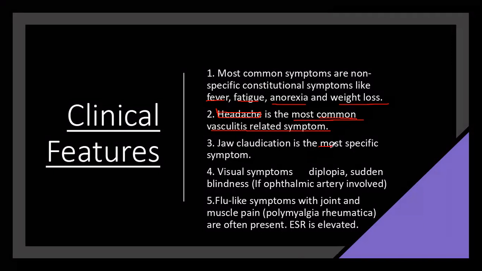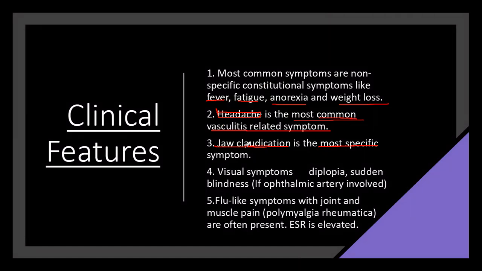Now, which is the most specific? Jaw claudication. So the patient comes to you. He or she is old, but by the way, I forgot to tell you that it mainly affects females. So maybe she comes to you and tells you, when I chew food, I'm experiencing jaw pain. So you want to suspect jaw claudication, giant cell arteritis.